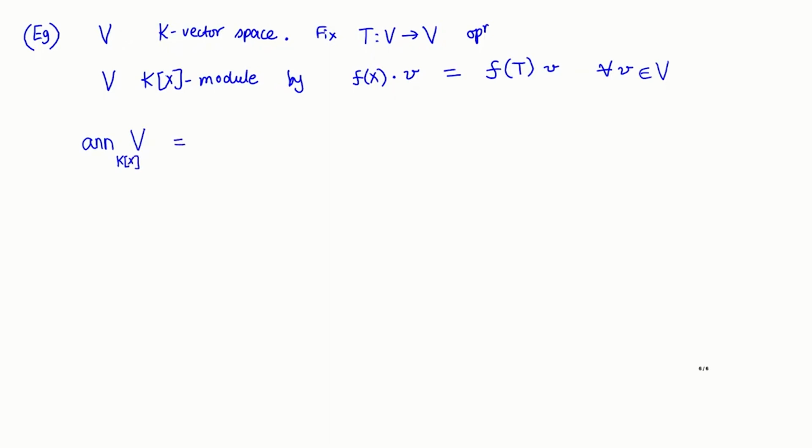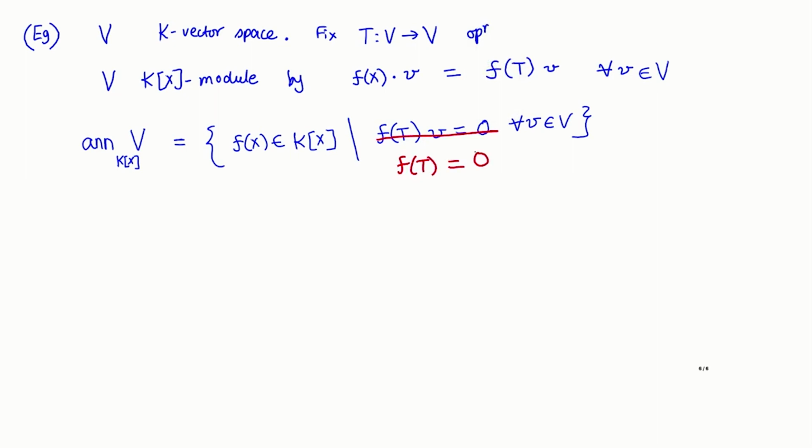It means it's all those polynomials in k[x] which annihilate the whole module. In other words, when I plug in the operator T, it just gives me 0 on every vector. So this is 0 for all vectors v in V. In other words, the operator f(T) is actually the 0 operator, right? So this property can be rephrased to say that f(T) is just the 0 operator.